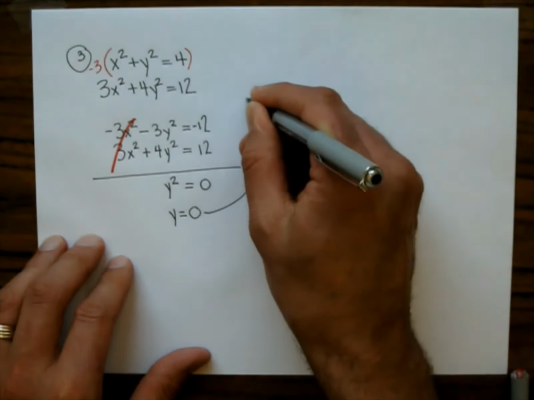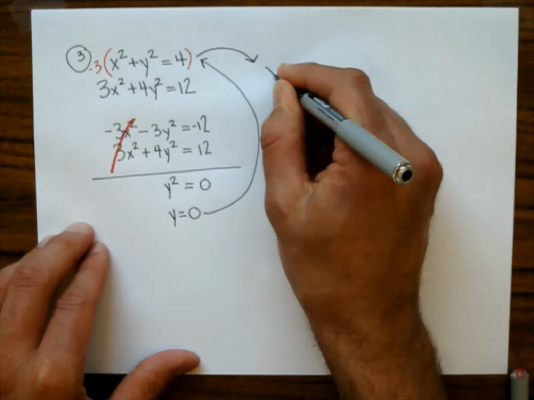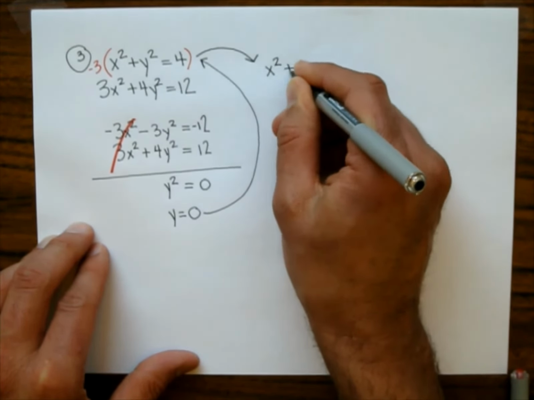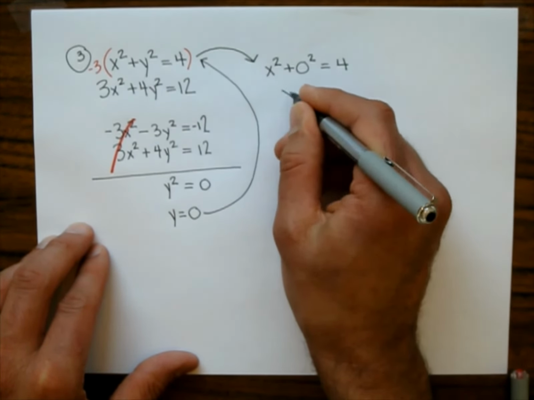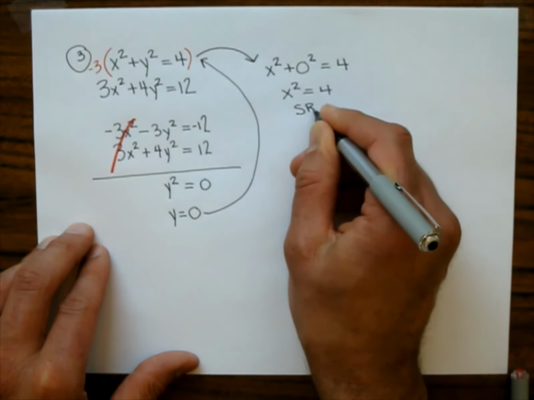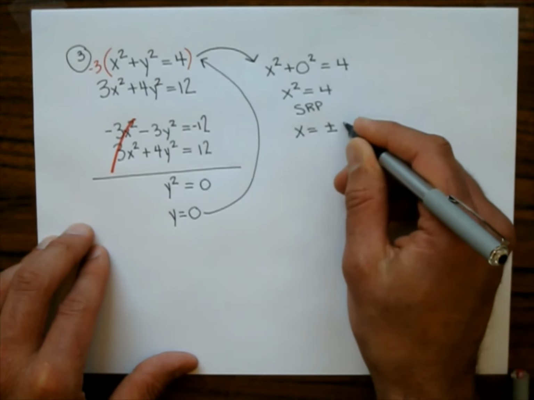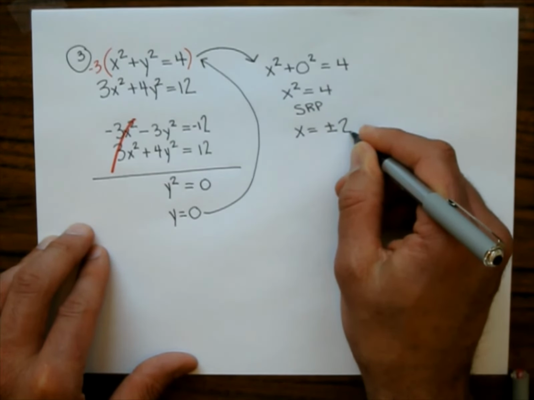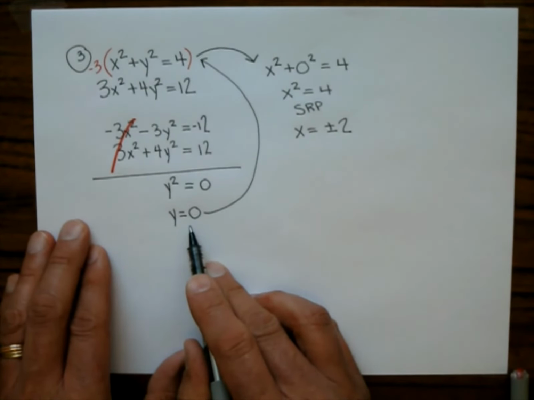I'm going to plug that back into the top equation, and I have x squared plus 0 squared equals 4. X squared equals 4, square root property. X equals plus or minus the square root of 4, which is 2. So it looks like we got 2 solutions.